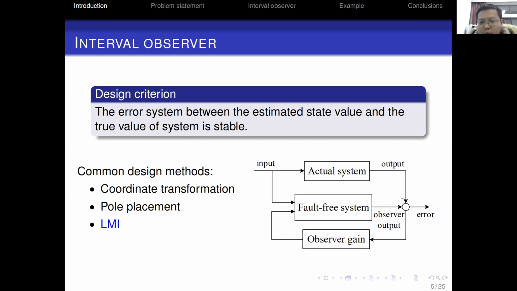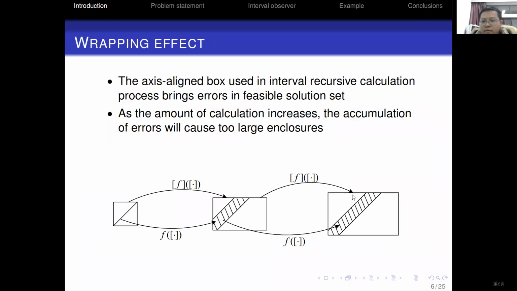The common way is to find a fault-free system, and the other system is the actual system. We compare the output and the observer output to design the observer gain and apply it to the fault-free system and obtain the error. Then we test whether the error converges to 0. Another issue of set membership is the wrapping effect.